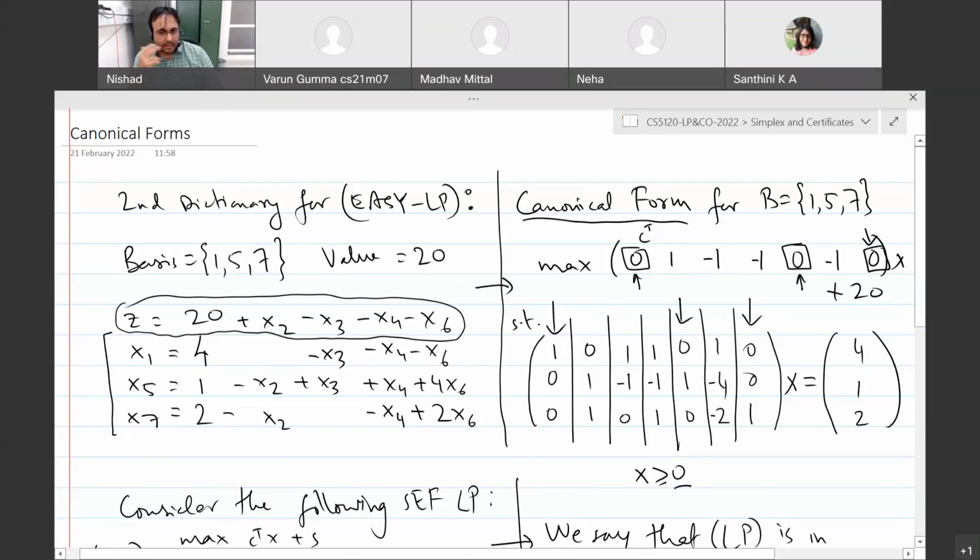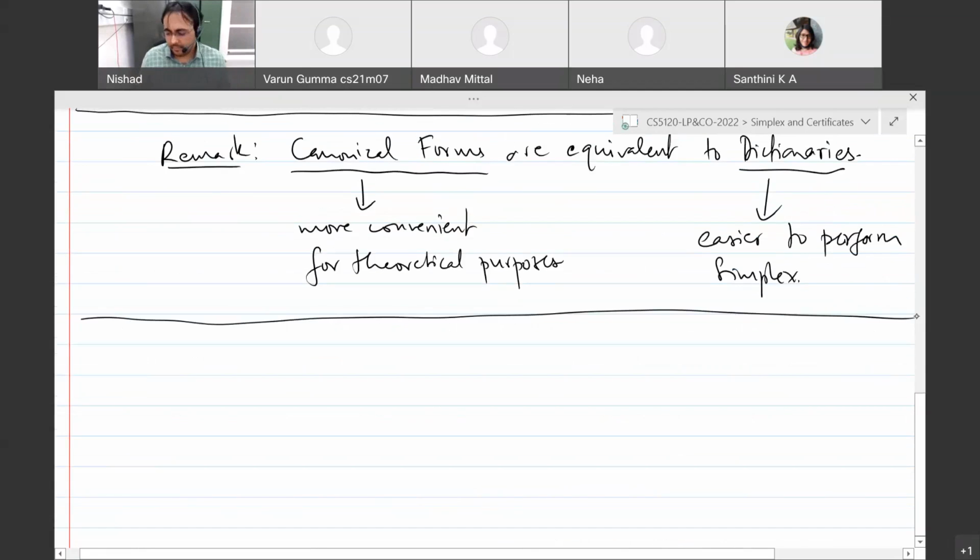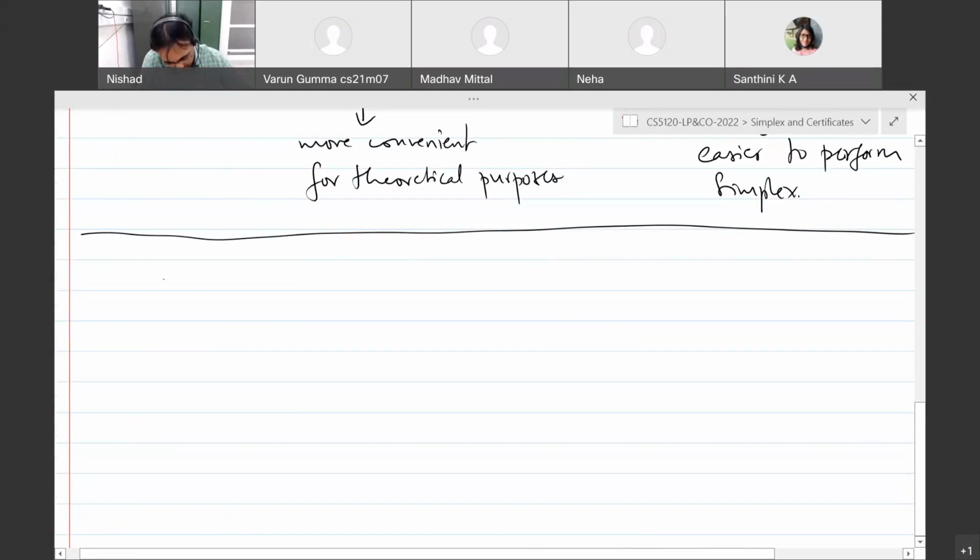Okay, and the next thing we'll talk about is how do you actually find a feasible basis if one exists. But for today, let's just say we are given a basis which may or may not be feasible. How do you convert your given LP into canonical form for that basis? All right. So we are given an LP which is in SEF.